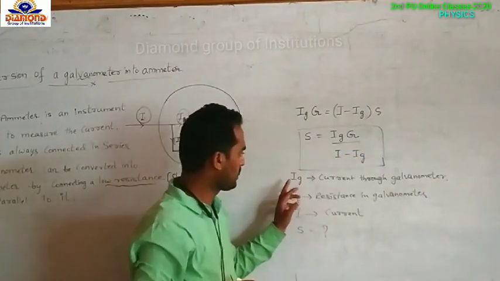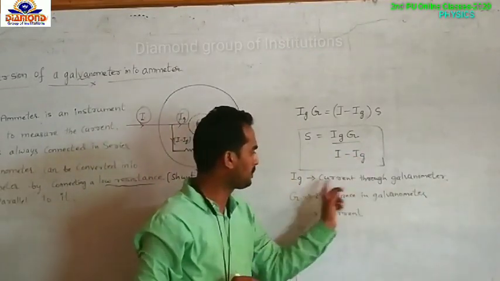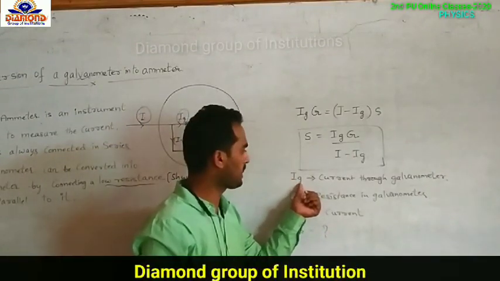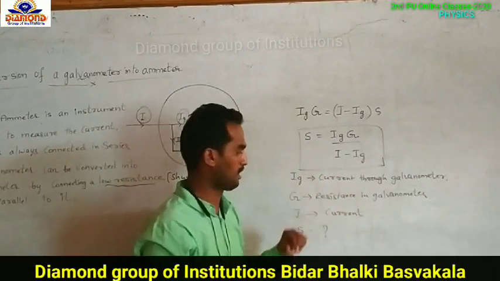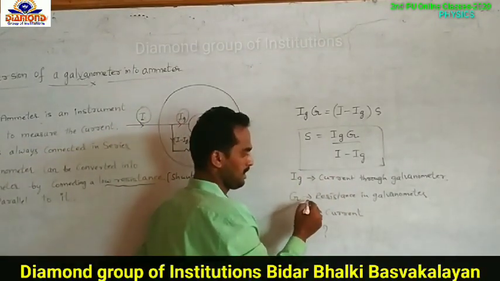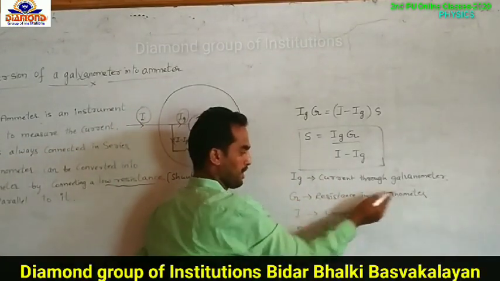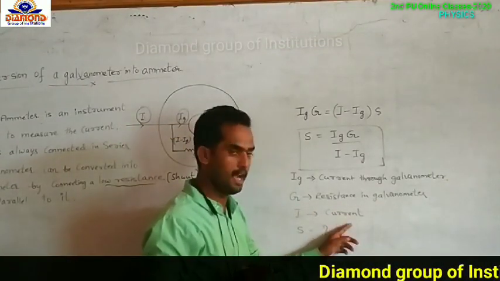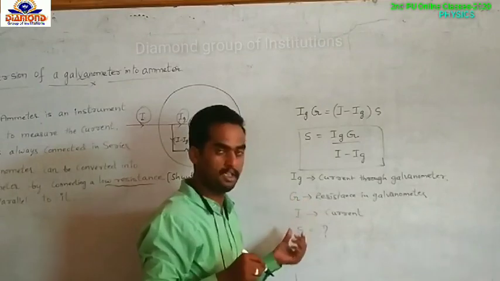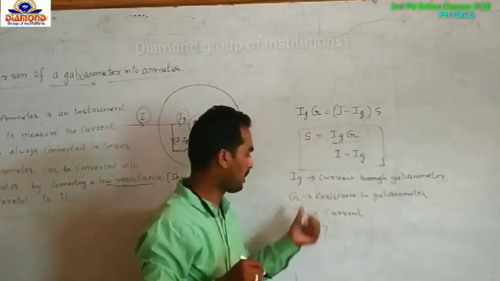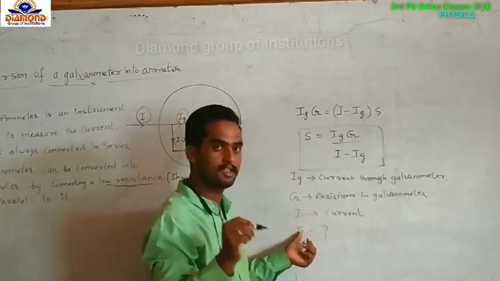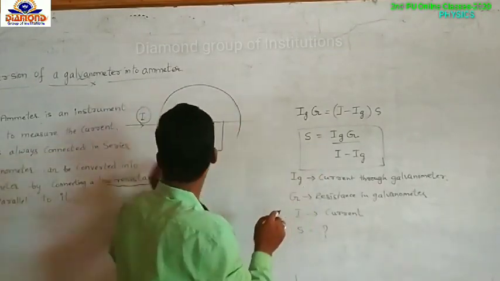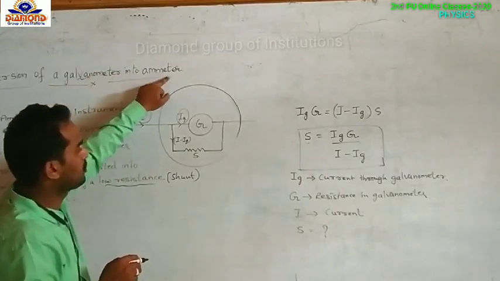So what is Ig? Current through the galvanometer, simple. I suffix G: G indicates galvanometer, I indicates current. And what is capital G? Resistance of the galvanometer. You can expect a problem on this formula, where the question is to find the small resistance when the galvanometer is converted into an ammeter.